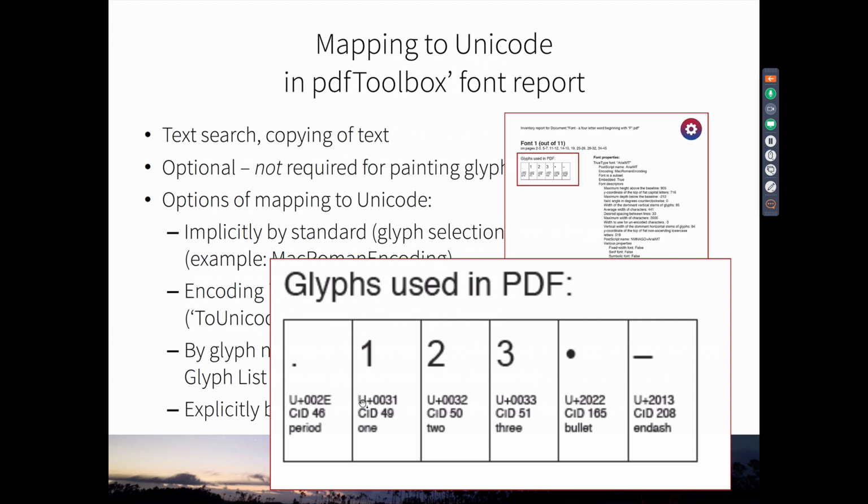So actually you can see them, the U+0031 is associated with a character with the meaning of 1. Okay? And in the font, it would use the CID 49 in this particular font. That could be different in yet another font.